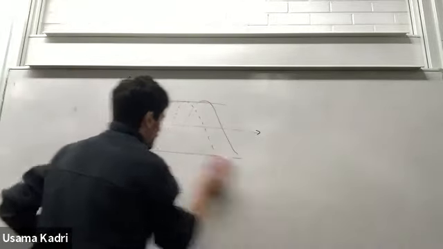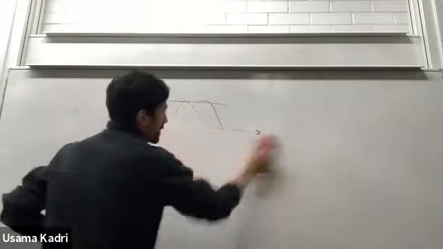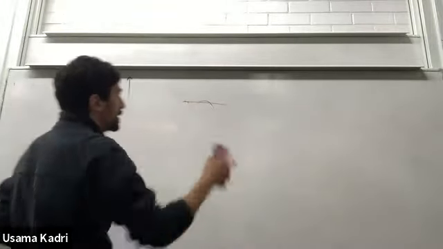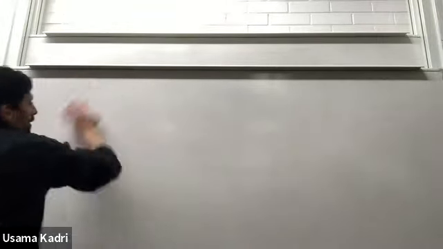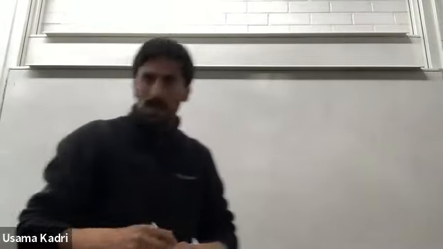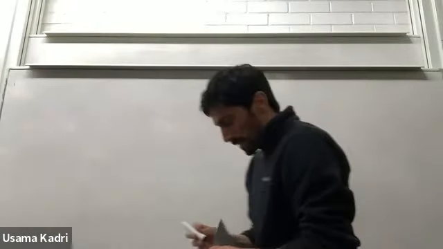You should have problems to solve in the tutorials at some point, not necessarily today, but you should have some problems also to solve with regards to simple harmonic oscillators in general. So today's lecture, so far we've been dealing with objects, and now we're going to do something a little bit different.